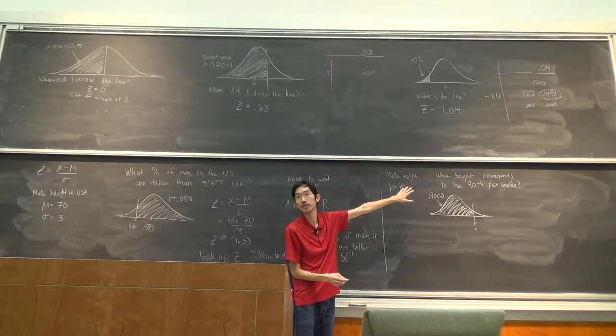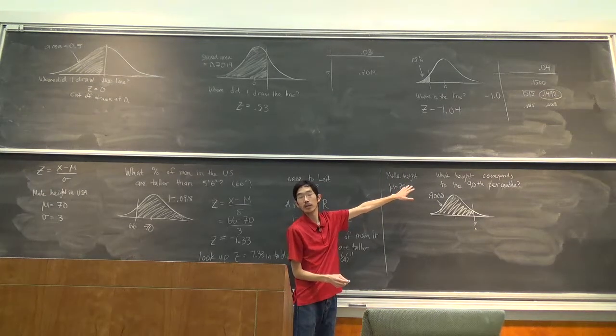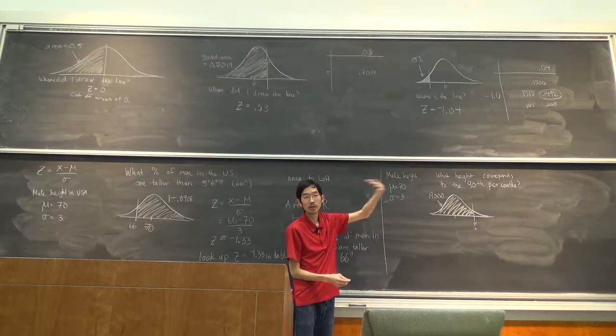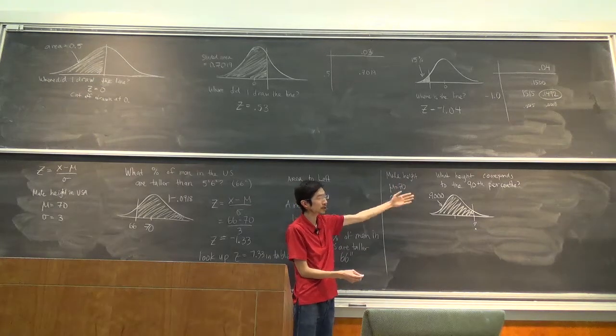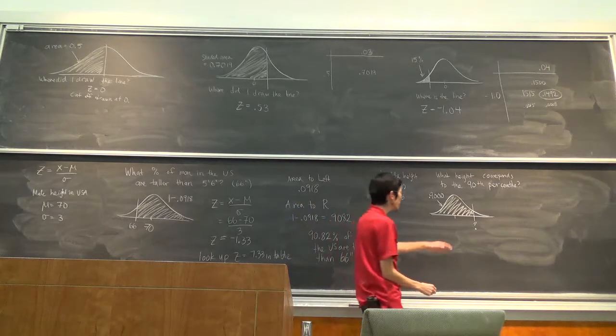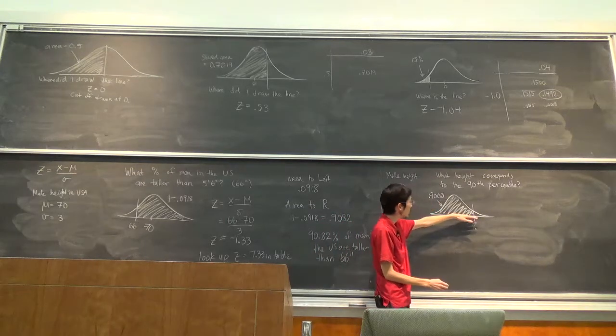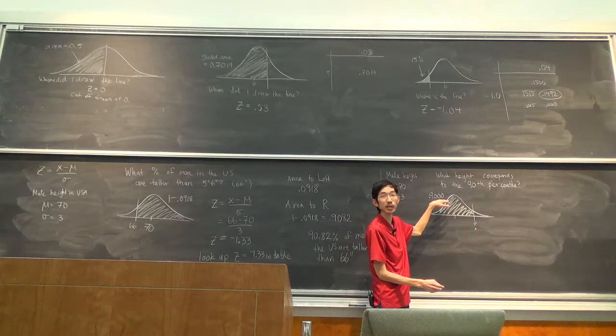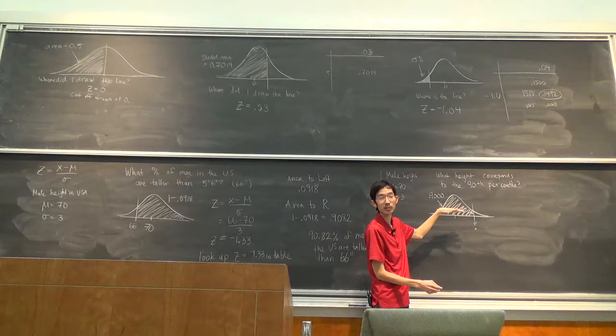All right, well, I will lead you through it. What do you think the first step is going to be? We have to find the z that corresponds to 90%.